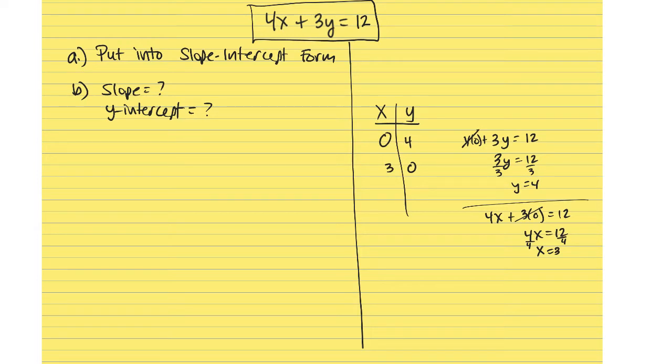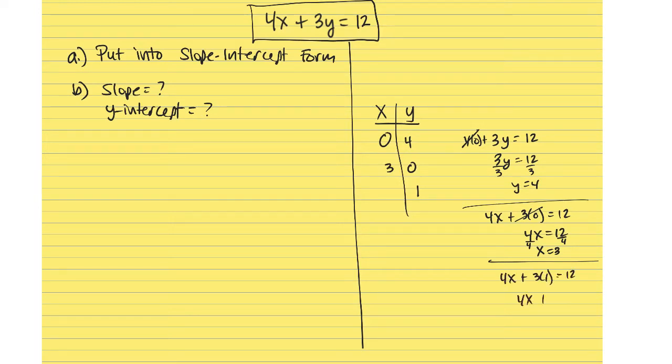And then it's nice to do 3 points. So let's see, maybe y is 1. We'll just try it: 4x plus 3 times 1.